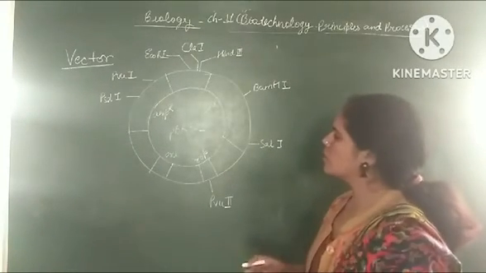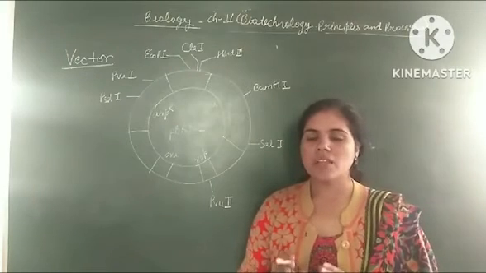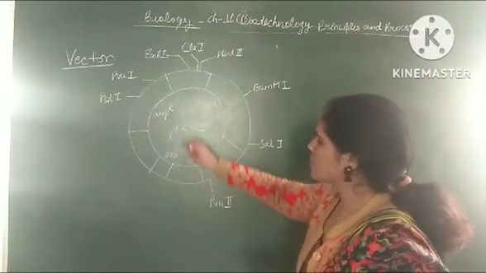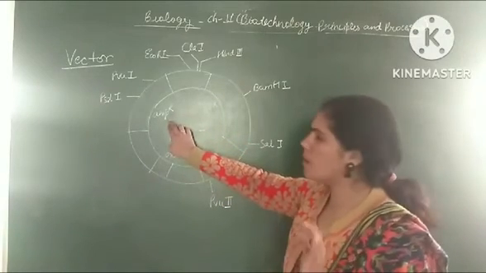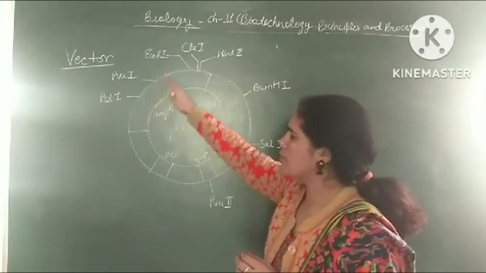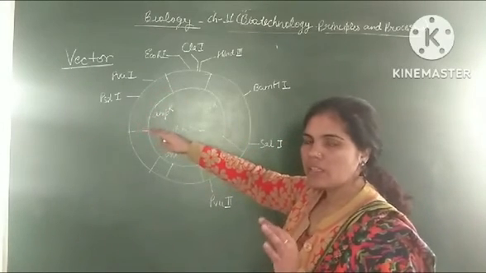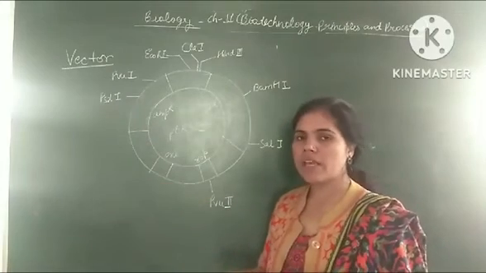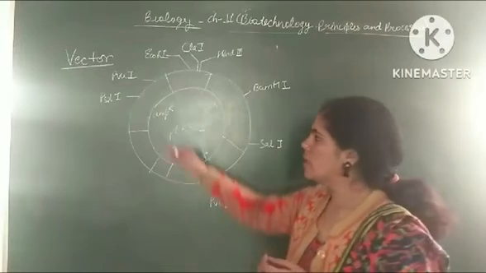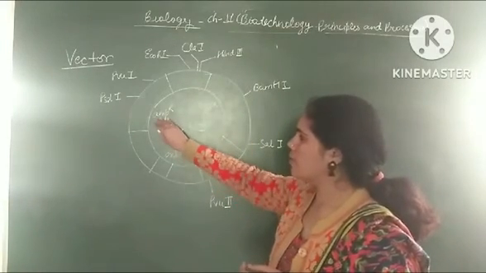A vector also consists of some areas which are resistant to antibiotic medicines. So this vector has resistance to ampicillin or tetracycline. This area of DNA has the nucleotide sequence which has the information for the protein that can protect that bacteria from ampicillin.